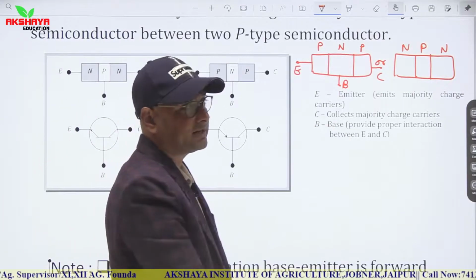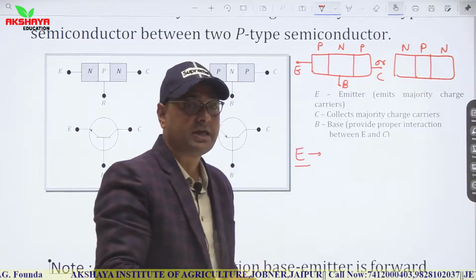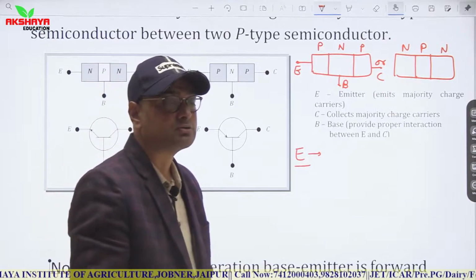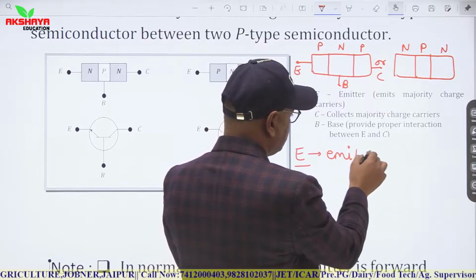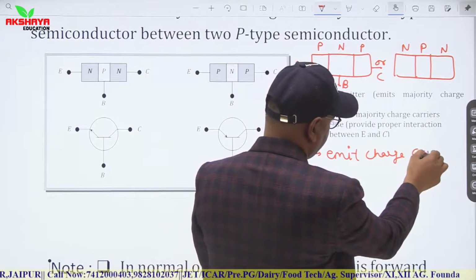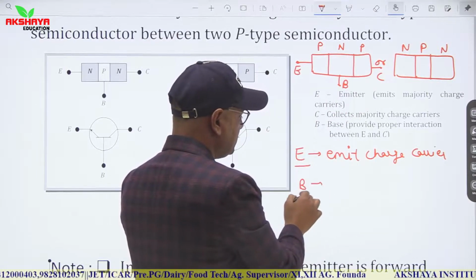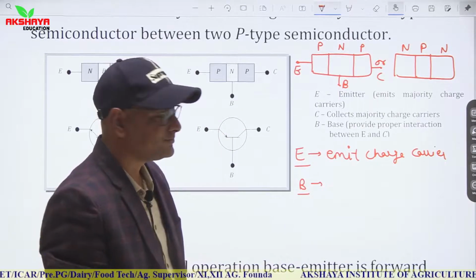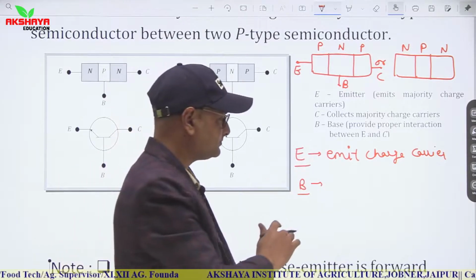If we talk about the emitter, it is defined by its name itself: this part of a transistor is simply used to emit charge carriers. The base is the smallest region in a transistor, which provides interaction between emitter and collector.